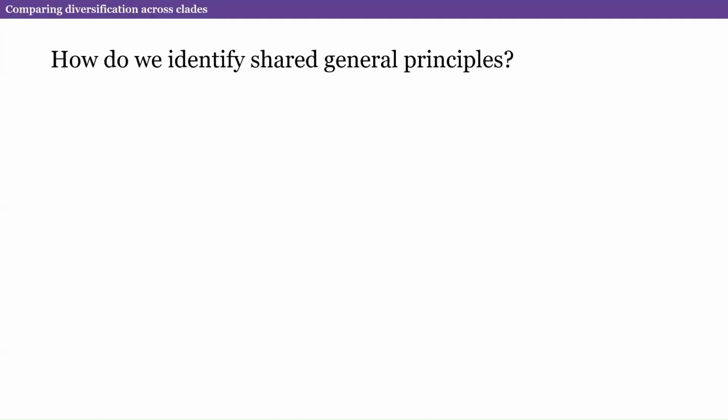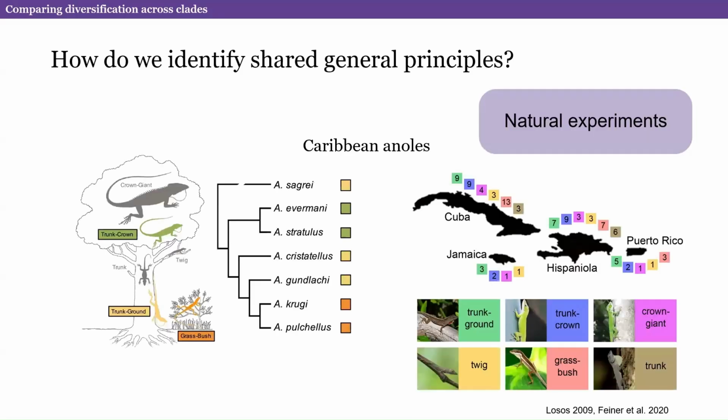So I previously talked about this question of how do we identify shared general principles. And one way that we do this is looking at what are sometimes termed natural experiments. For example, the Caribbean anoles have been really extensively studied in this context because they're an example of repeated radiation. Ancestral anoles arrived on these different Caribbean islands and diversified into a similar set of different ecomorphs, ecologically similar species, on these different islands.